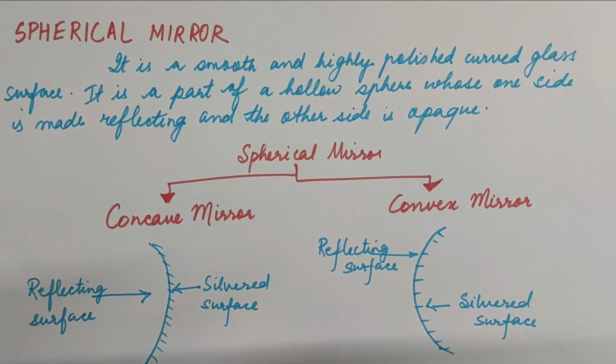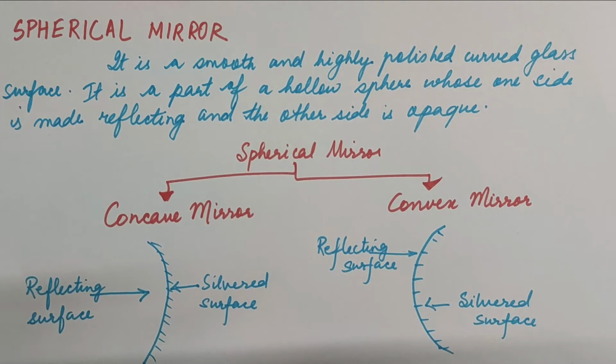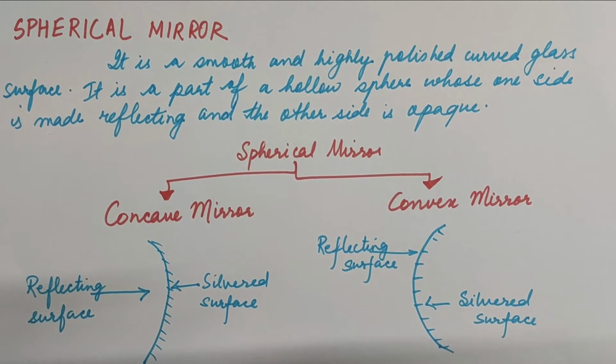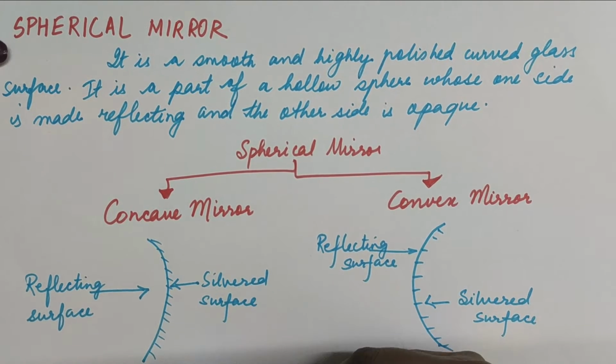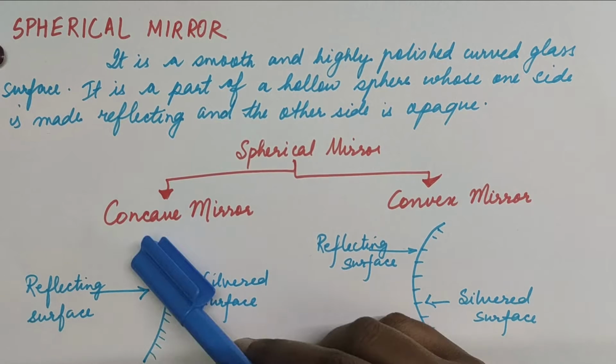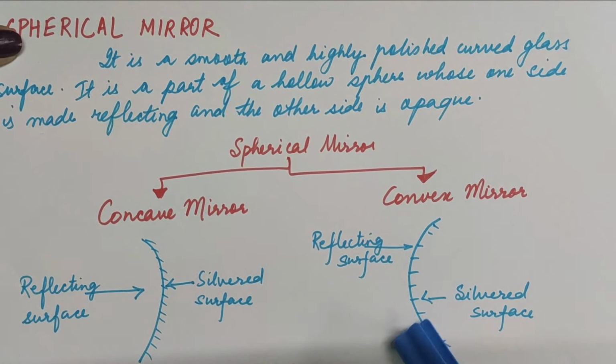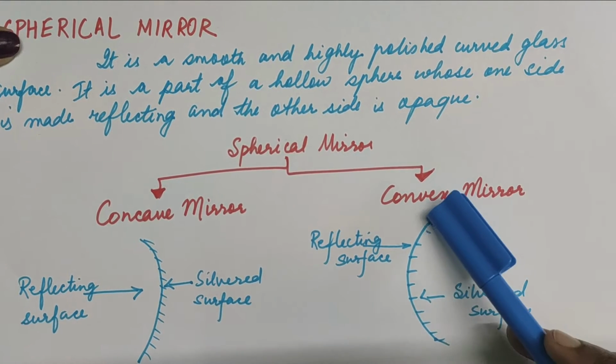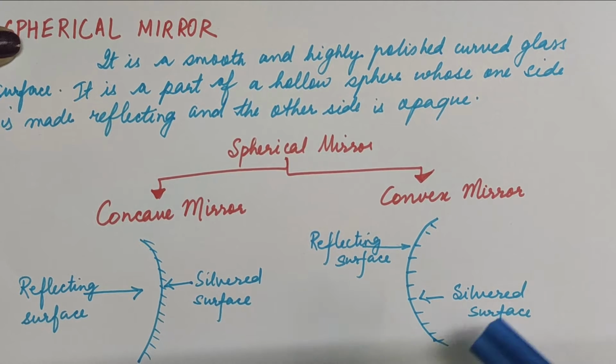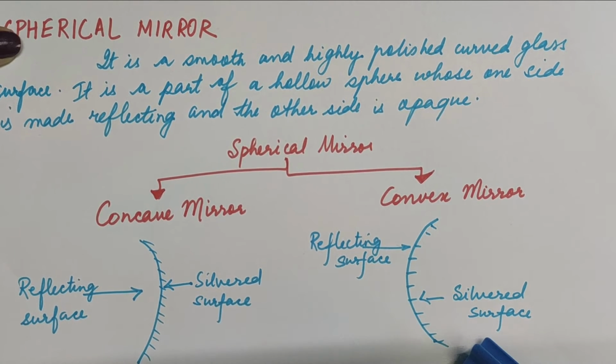If you see the diagram, you will understand that the concave mirror is silvered on the bulging side and reflecting on the inner side, and in the convex one the reflecting part is the bulging part, whereas it is silvered in the hollow part.